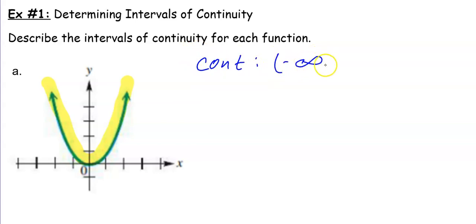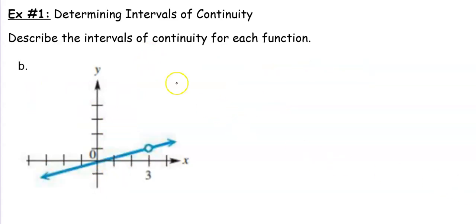We are continuous from negative infinity on the left to infinity on the right. So another way to write that is to say we are continuous over all real numbers. Whatever x value I put in gives me a y value that exists, and then we can connect all those values with a single graph.